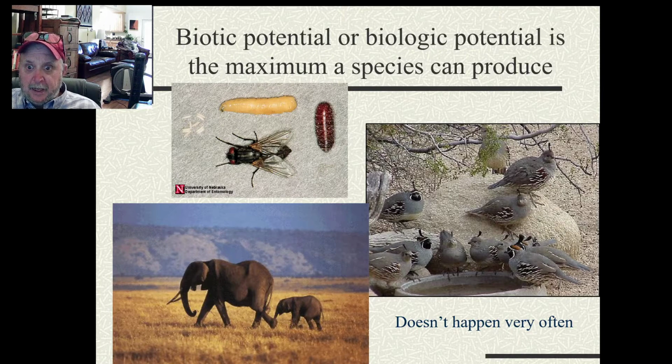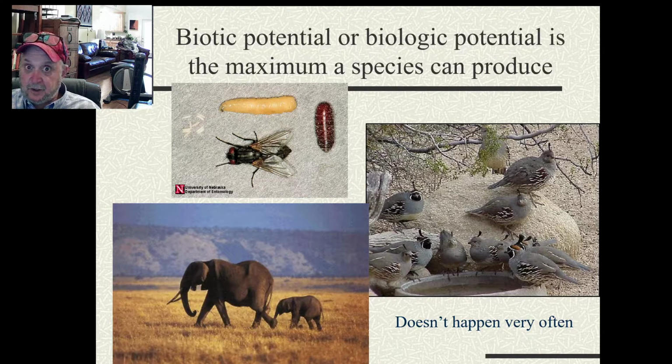A Gambel's quail can produce 16 eggs in a clutch in 1 year, if it's a good year. On average, they produce 8. So the biological potential is not what the animal always produces, but if you're trying to build a model on what's going to happen with the population, you need to know what the potential is and what the reality is.